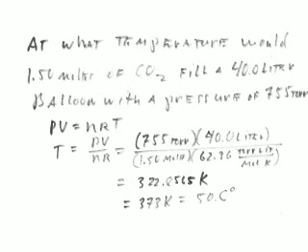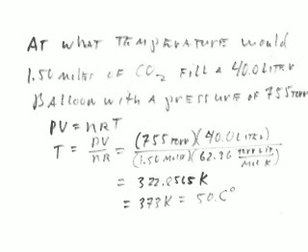Okay, and what temperature would 1.5 moles of carbon dioxide fill a 40-liter balloon with a pressure of 755 torr? Again, PV equals nRT. This time we're having to solve for T. So PV divided by nR, 755 torr, 40 liters, 1.5 moles.